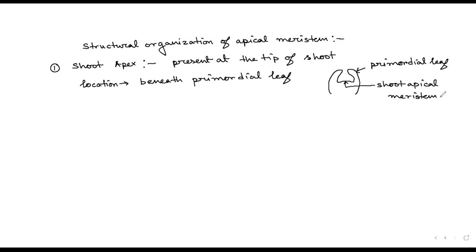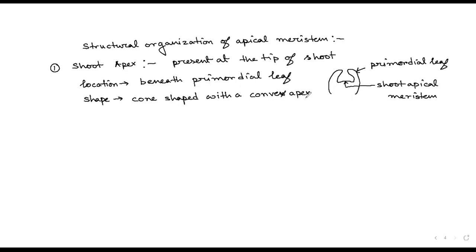So the question is, what is the shape of these cells? It is generally cone shaped. So the shape is cone with a convex apex. And depending on plants, its size and shape may vary also.